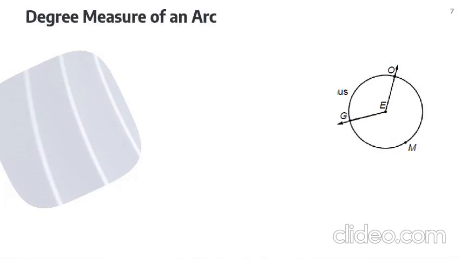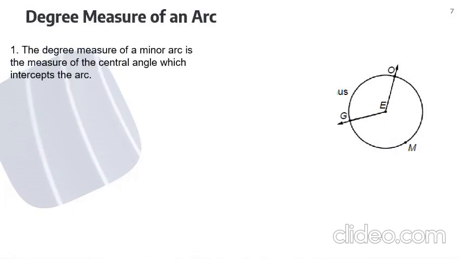Degree measure of an arc. Number 1. The degree measure of a minor arc is the measure of the central angle which intercepts the arc. Meaning to say, the measure of the central angle is also the measure of the arc. For example, in circle E, there is a central angle GEO or OEG.